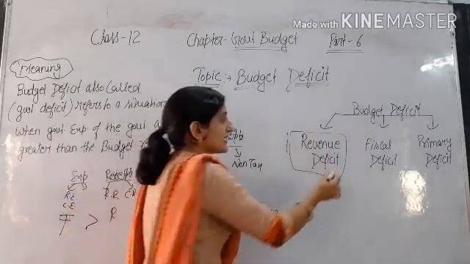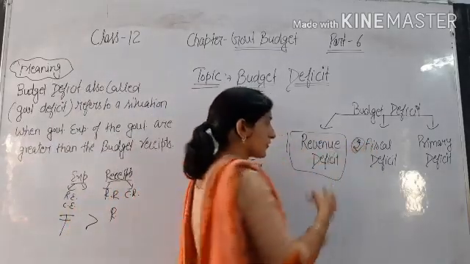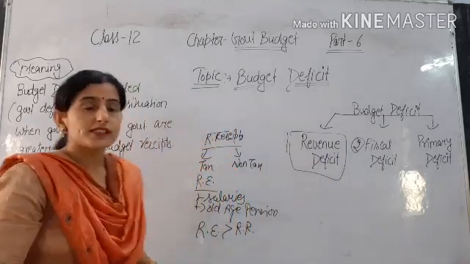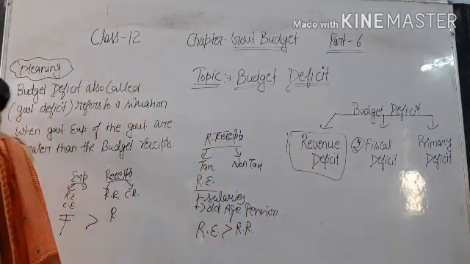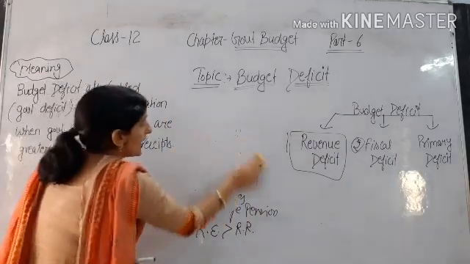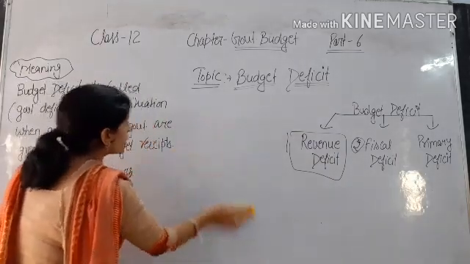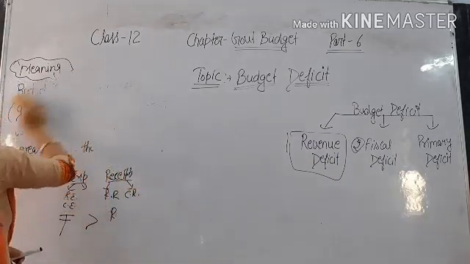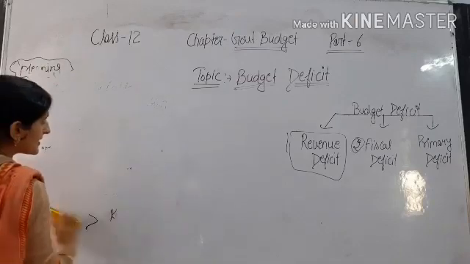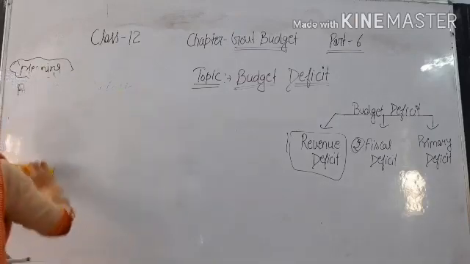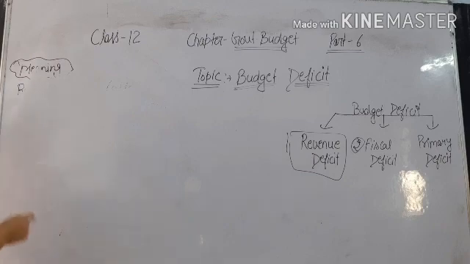The second is fiscal deficit. So what is fiscal deficit? In fiscal deficit we include both revenue expenditure and capital expenditure, and revenue receipts and capital receipts.